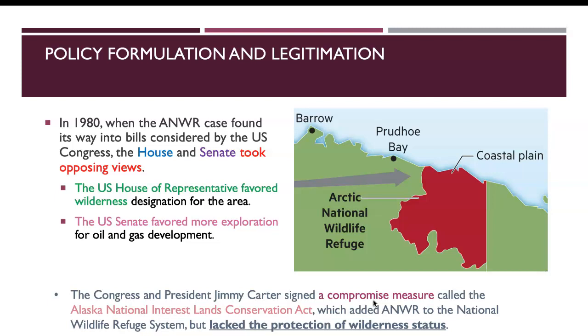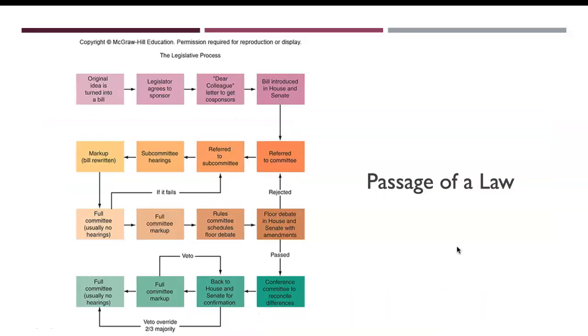The Congress and President Jimmy Carter signed a compromise measure called the Alaska National Interest Lands Conservation Act. It added this area to the wildlife refuge system, but it does not have details on how this area will be protected. So this is where the fight began.